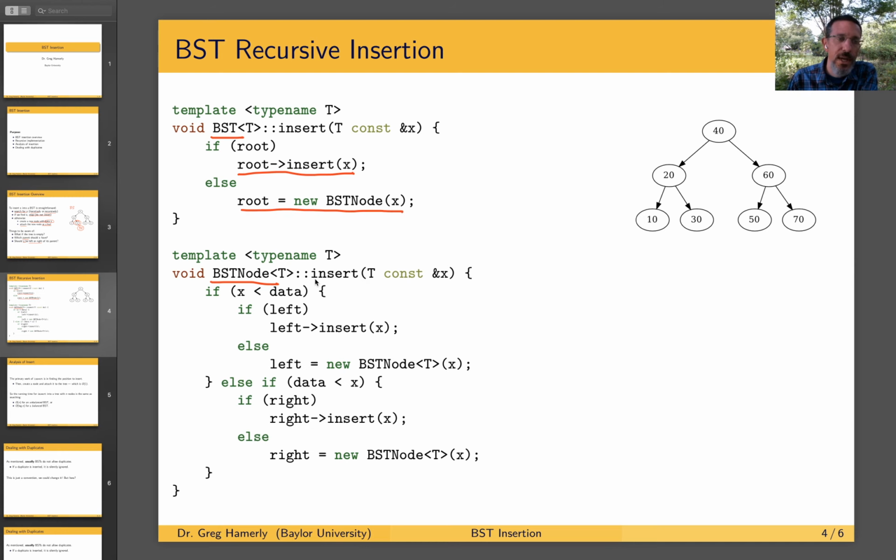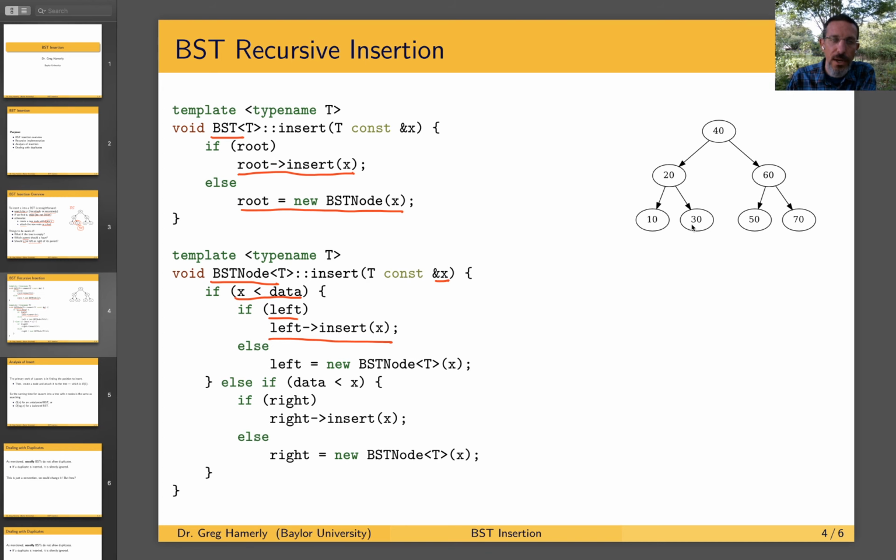And if we call insert on a node, we're given the data that we want to insert, and we do the same sort of thing where we're searching. If x is less than data and the left exists, then recursively insert on the left. Otherwise, what happened? Well, if x is less than data, suppose we're talking about inserting 35, or let's say 25.